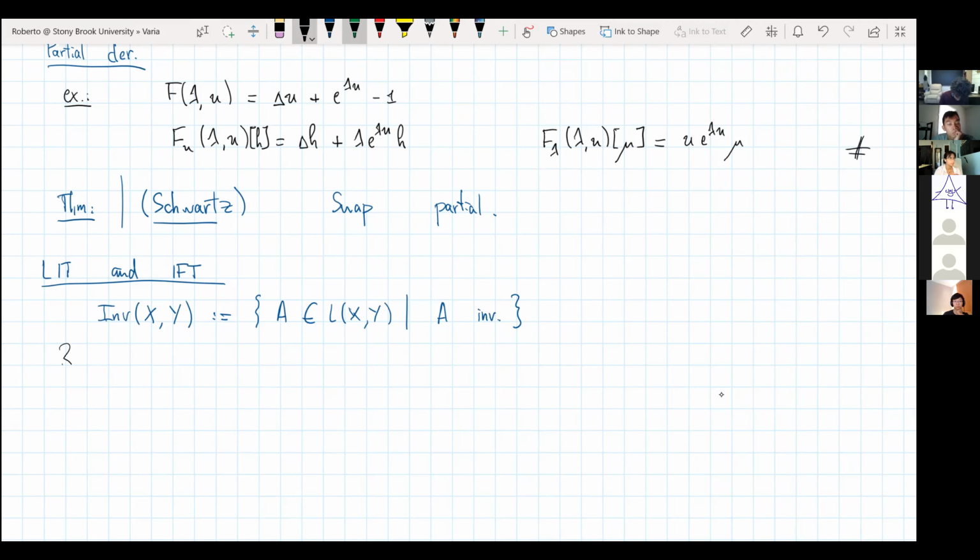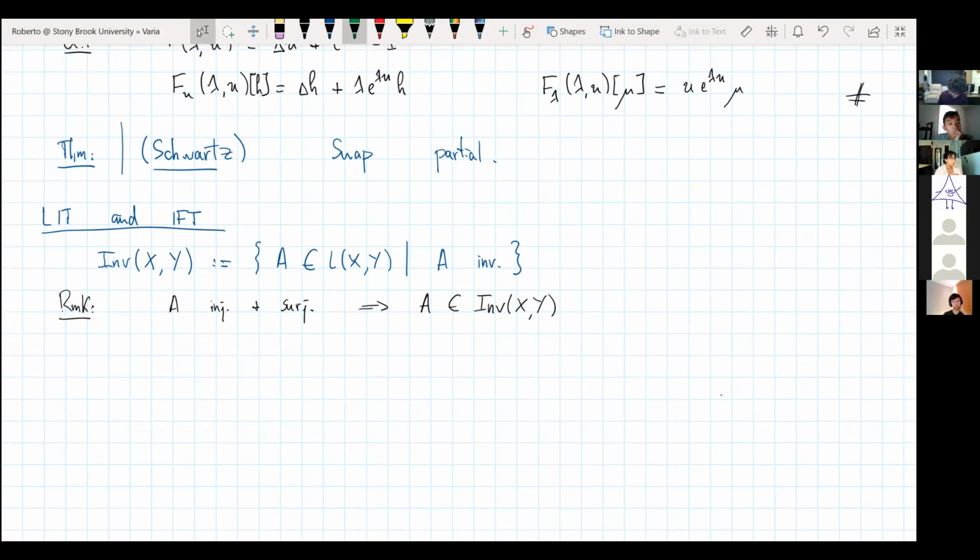And so the first thing we can say about this is that, from the closed graph theorem, A injective and surjective implies that A is invertible. The fact that we have linear operators is important here. And one might say, okay, what do we know about this set? Because for the moment it's just a set.